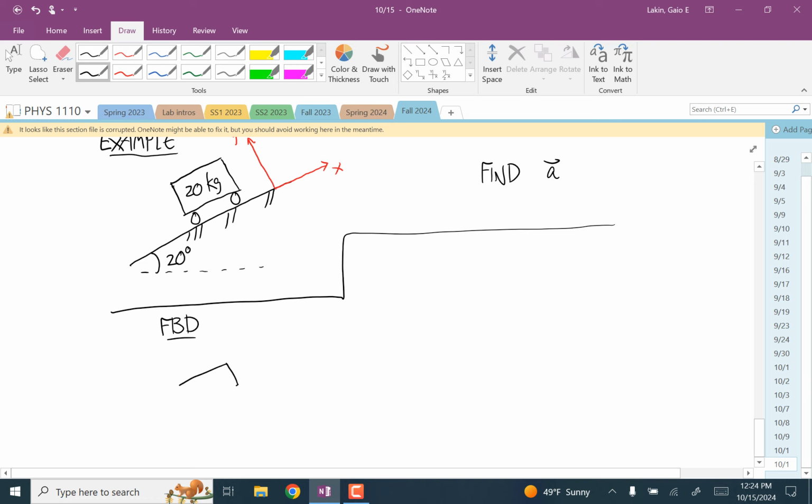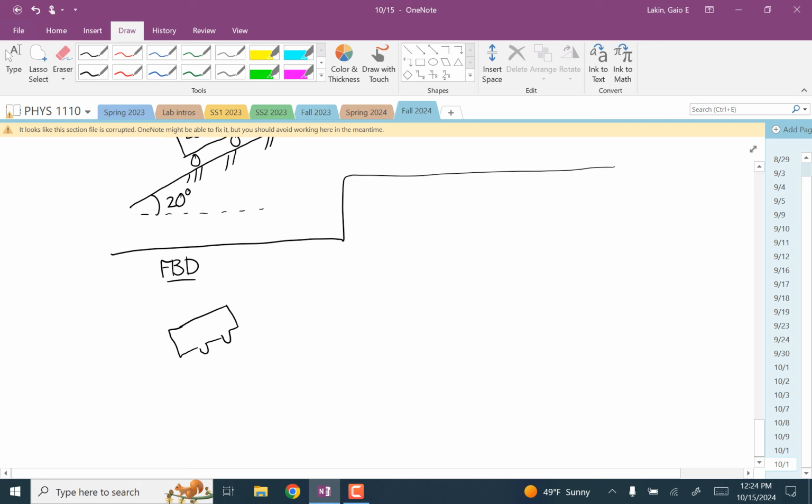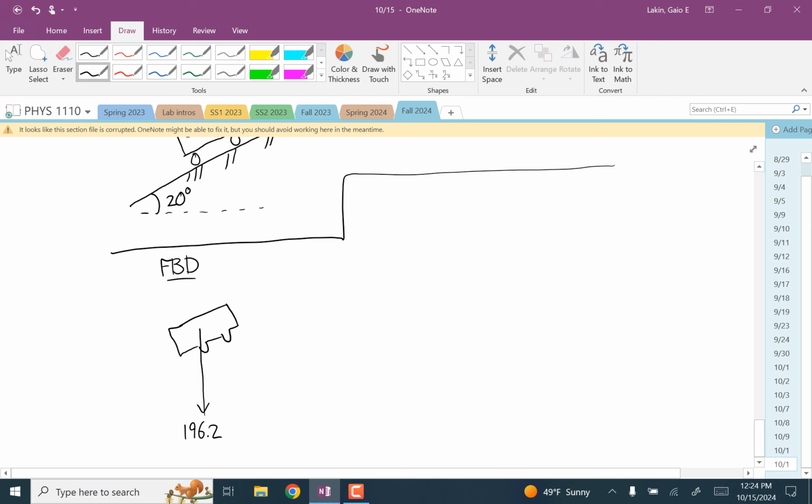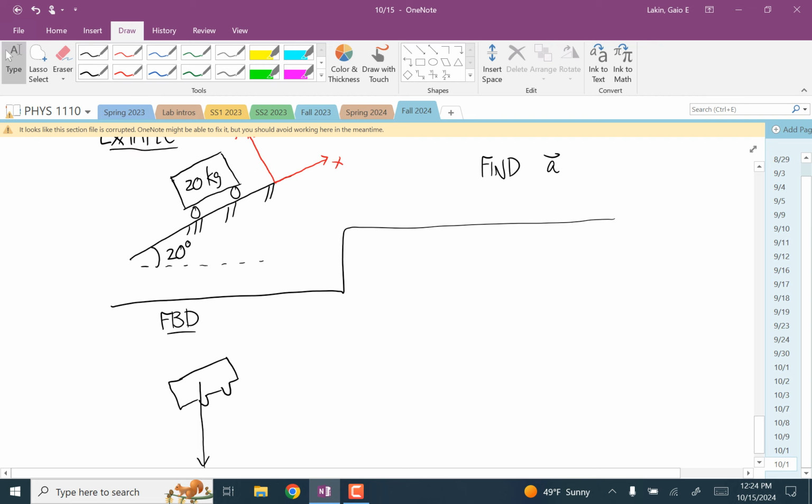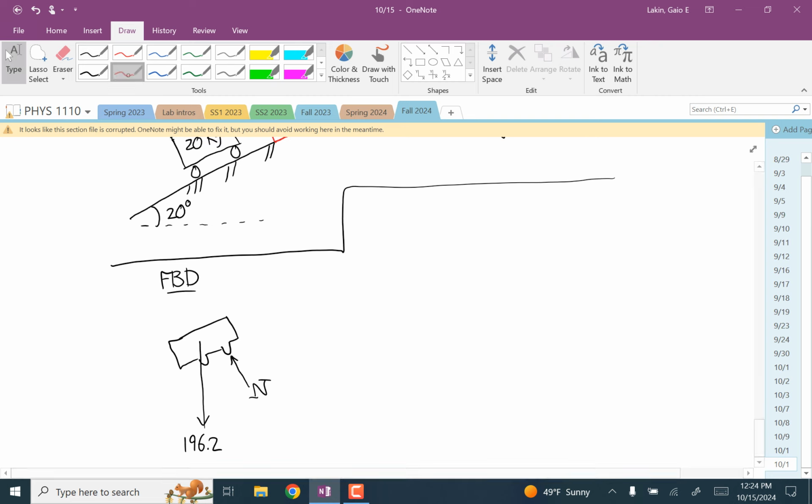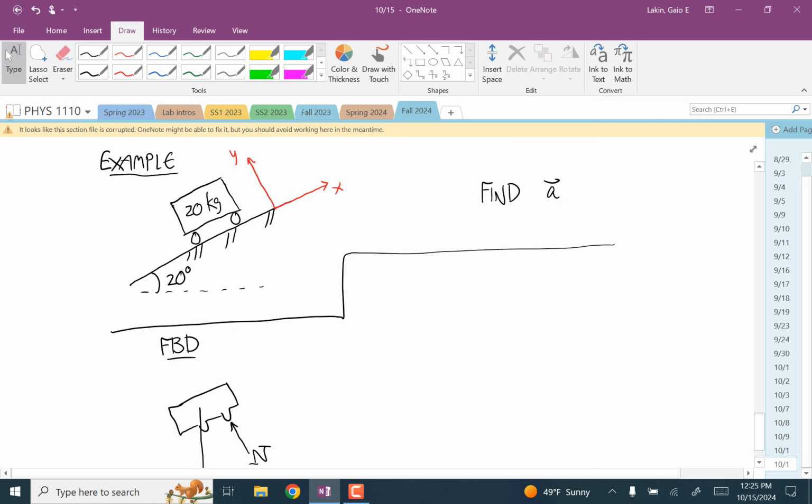So it really looks a lot like the last one. Everything's just happening at a different angle. There's a weight force down of 20 times 9.81, so that's 196.2. And then there's a pushing force from the ramp, like that. I'll call that N. And now the next step is to figure out the components of the weight force in this rotated coordinate system.